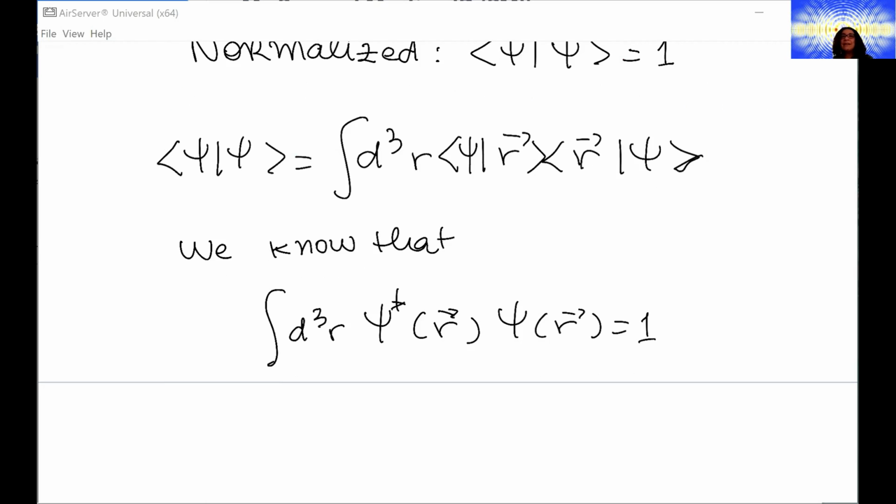Do you agree? Now, if you use the closure relations, we can compare this expression. What do you see? You see that this guy, so this is 1. Let me write it down.